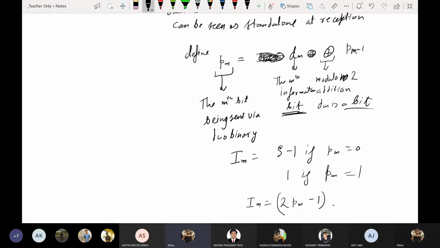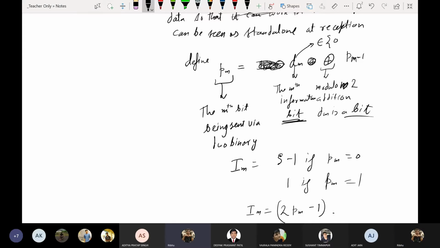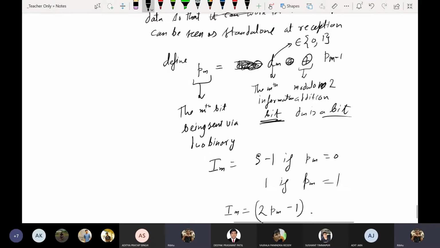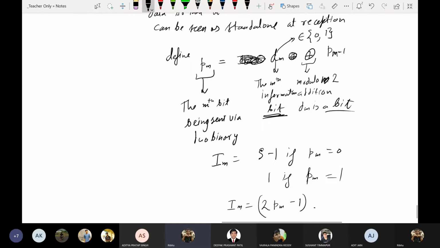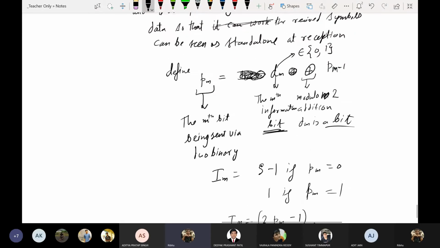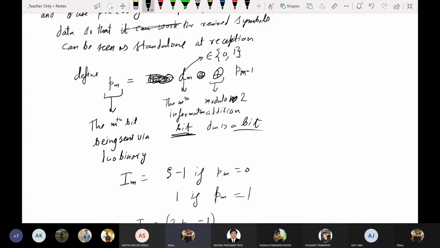Now what is modular 2 addition? Sir, we add PM minus 1 and then take the remainder with 2.